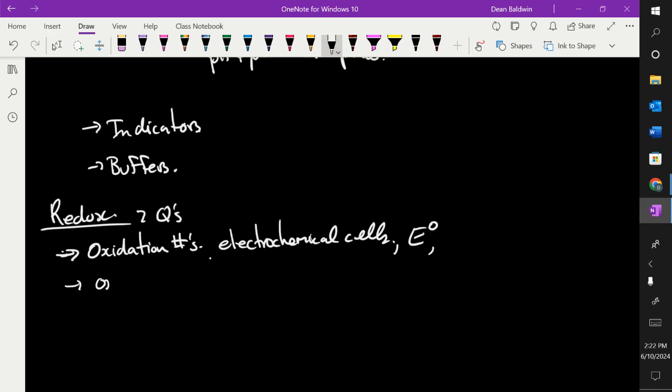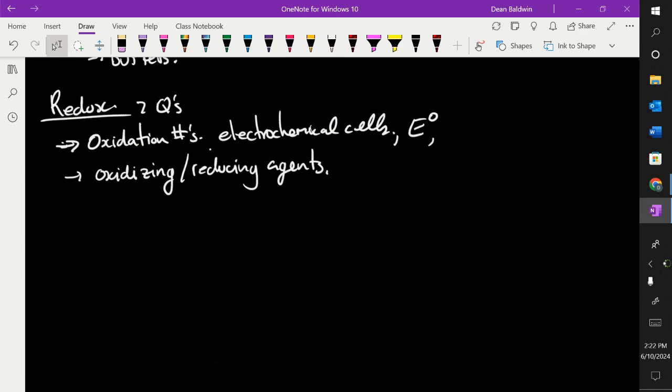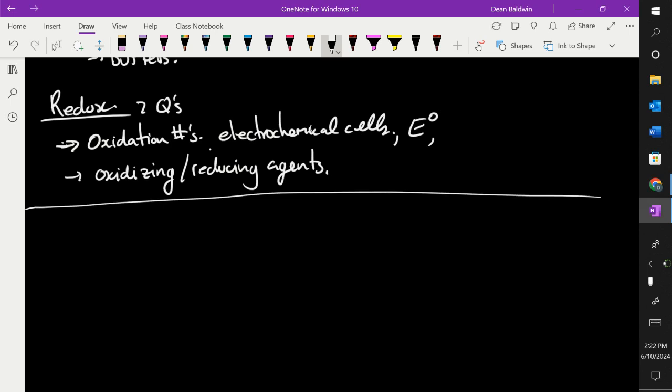And oxidizing and reducing agents. Like I said, if you look through the old provincials, you'll see the types of questions I'm going to ask. Okay, that's multiple choice. The written is 7 questions.